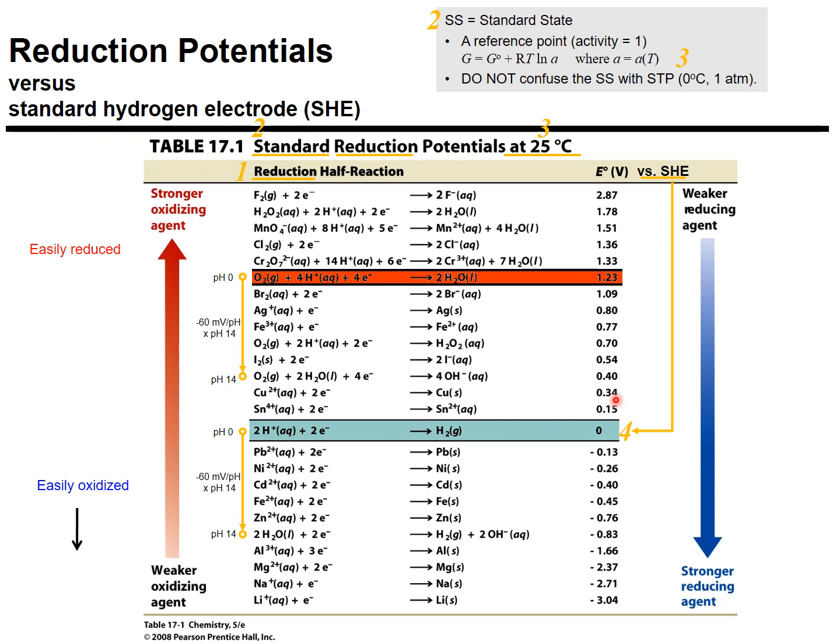So the answer is minus 0.34 volt about the copper oxidation to copper 2 plus. Is it right? I can say it is wrong. The correct answer is the potential of the copper oxidation, which is the backward reaction of the reduction process, is the same value at plus 0.34 volt.